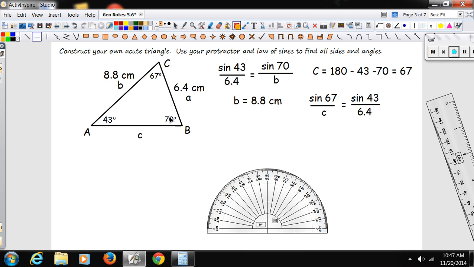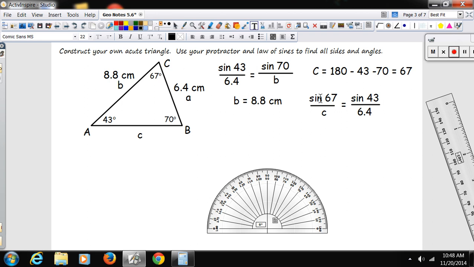I could have also used the B's, but I like to usually use the ones that I start with, that I measured or that they give you in the problem. So then you could just multiply 6.4 times the sine of 67, and then divide that by the sine of 43, and you'll get your little c. Now you got to multiply by your numbers.